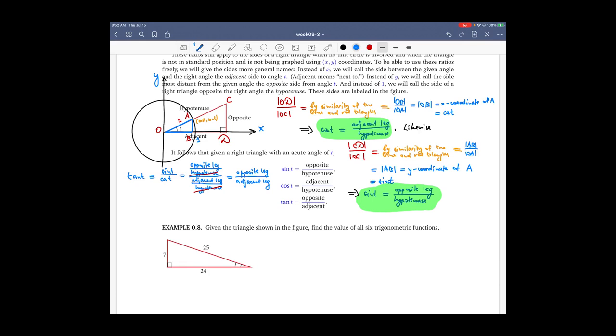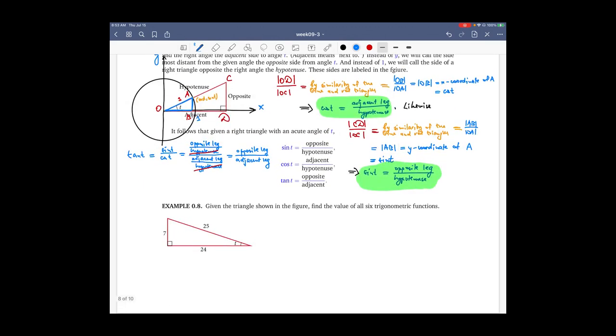This, by the way, gives an important way to interpret tangent on the unit circle, which we didn't talk about when we defined sine and cosine, because we didn't know the relation with right-angled trigonometry. But now we can talk about how we can interpret tangent on the unit circle. So let's draw the unit circle in coordinate axis.